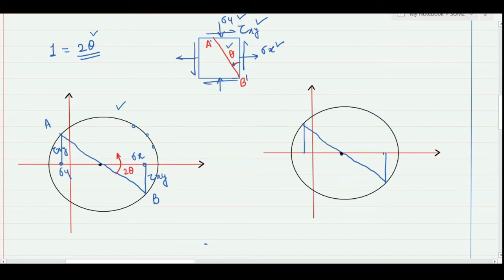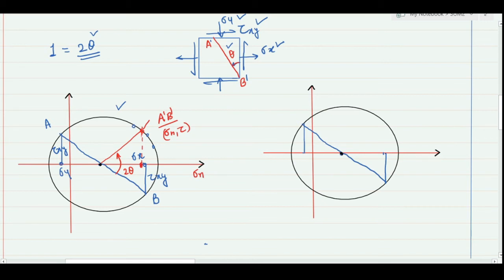And from this I will make a line that will cut the Mohr circle at this point, and this point actually represents the A dash B dash plane. The coordinates of this point represent the value of normal stress as well as the shear stress. So if I make a vertical line, it will cut my horizontal line, which is the normal stress axis, at this point.